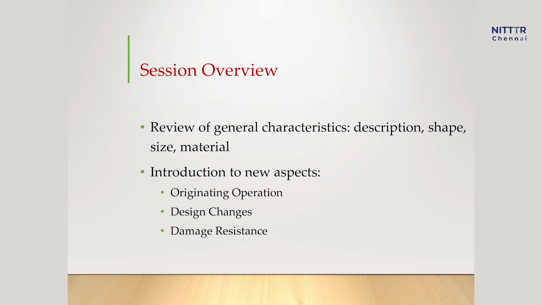And the third one, resistance to damage in processing, evaluates how the material and geometry of a part affect its exposure to deformation or defects during manufacturing. Okay, let us move forward and discuss them one by one.